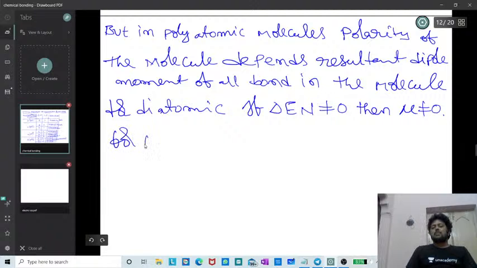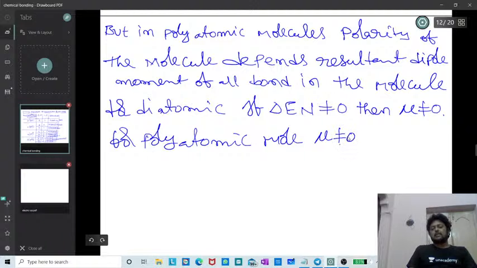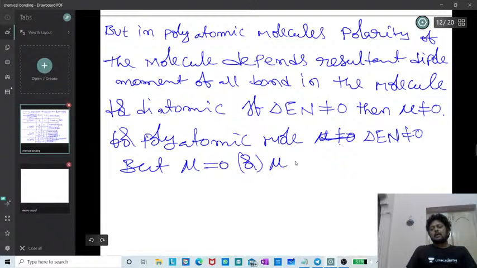For polyatomic molecules, delta mu may not be equal to 0 for a single bond, and given delta EN not equal to 0, the net delta mu may be equal to 0 or not equal to 0.